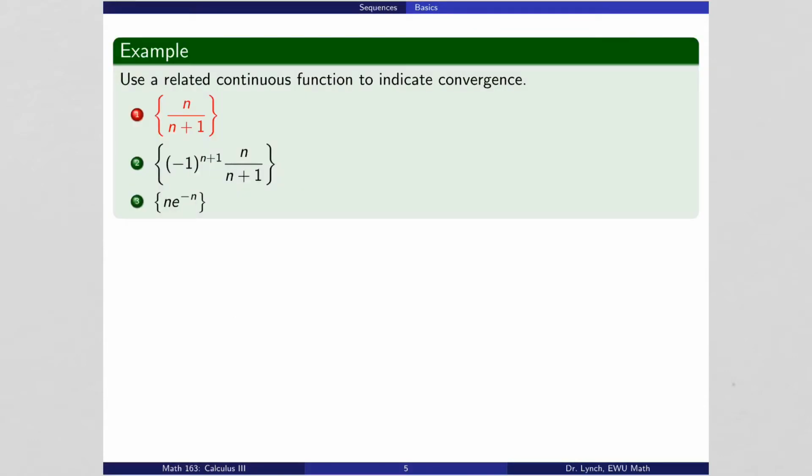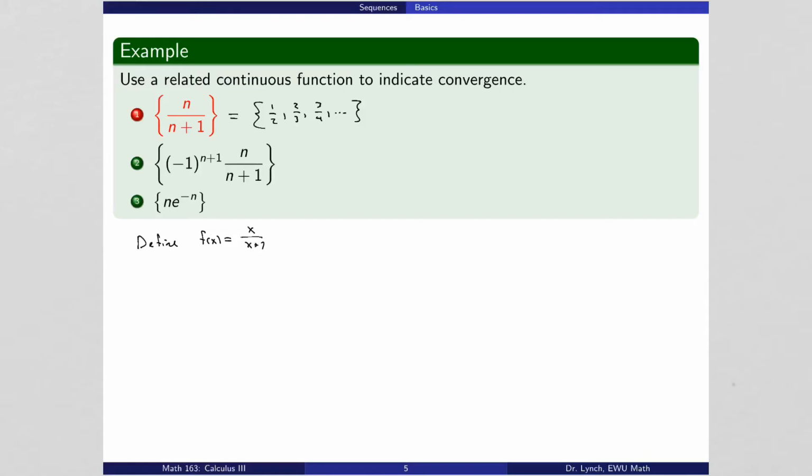Okay, so here's an example, the sequence containing terms n over n plus 1. So just to get an idea of what's going on here, I think you'll agree that when n is 1, we get 1/2, 2/3, 3/4, and so on and so forth. And here, we'll go ahead and define the function to be x over x plus 1.